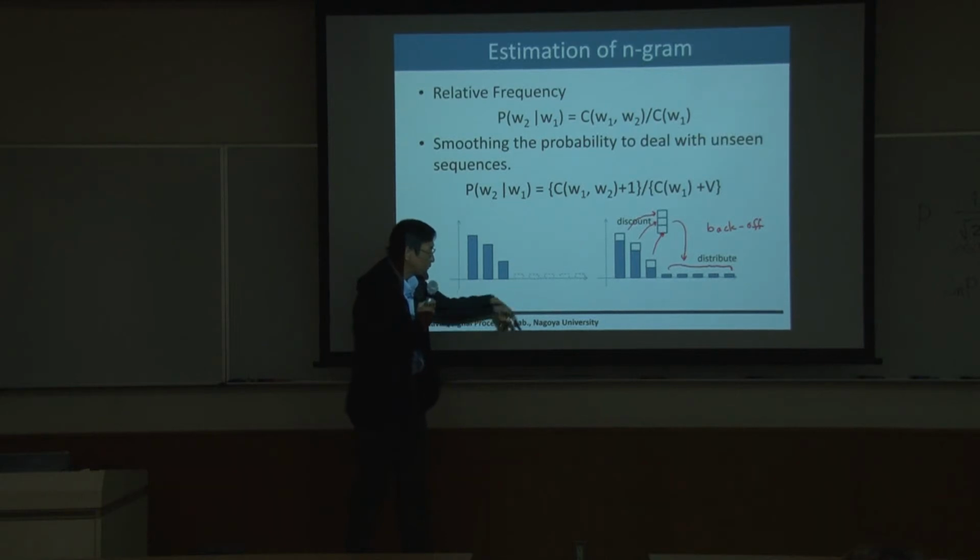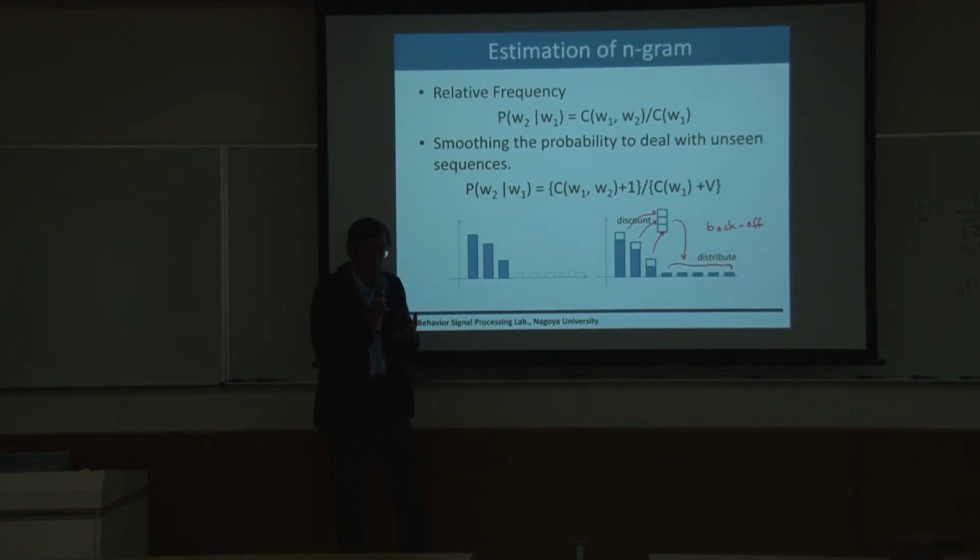But when you collect your corpus or training data and count the occurrences of the 1,000 words, probably you have tens or hundreds of words that you don't see in your corpus. Then you can naturally say, okay, we don't have any observation of such a particular word. Therefore, we can put probability 0 on it.